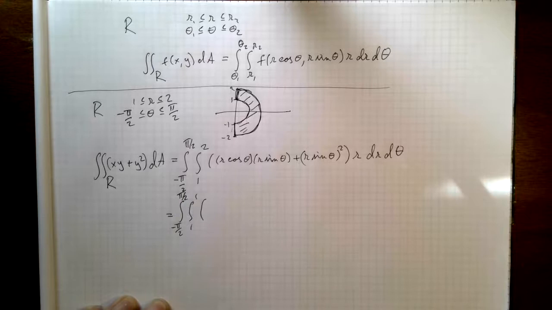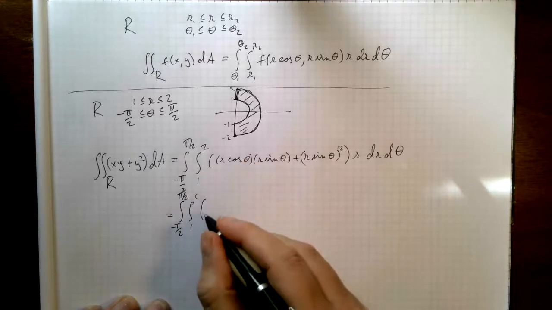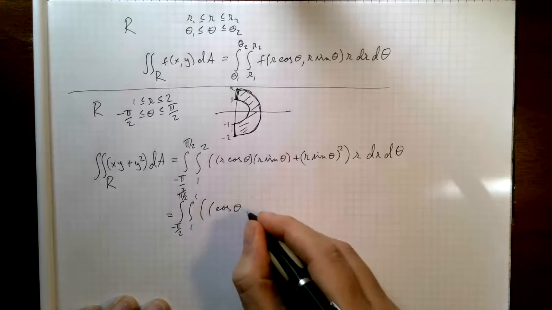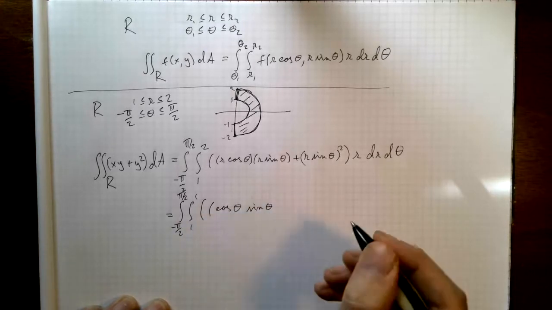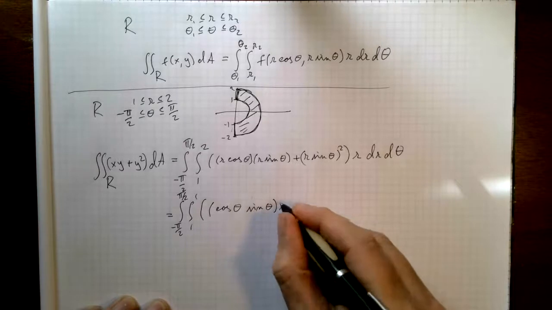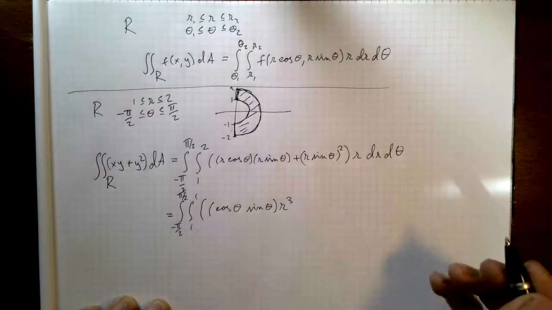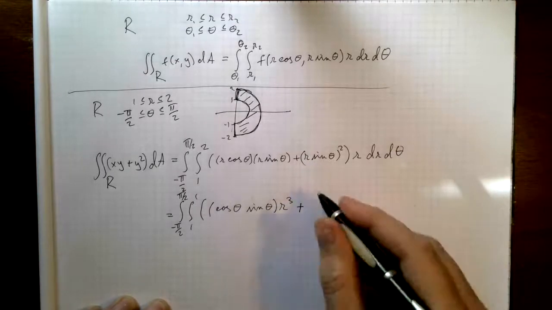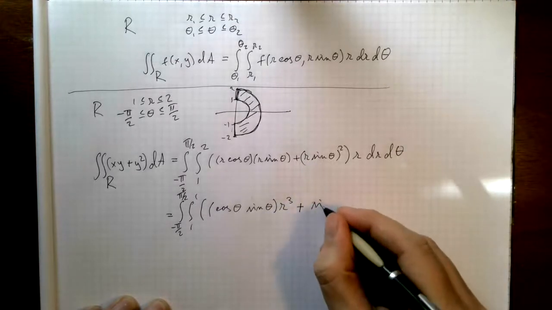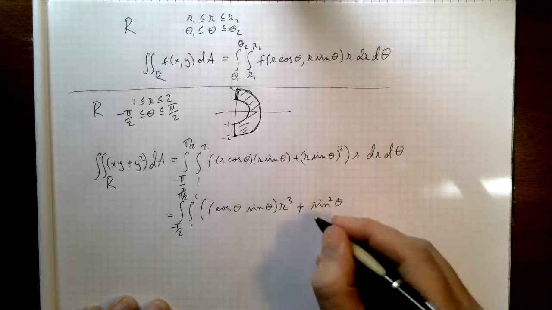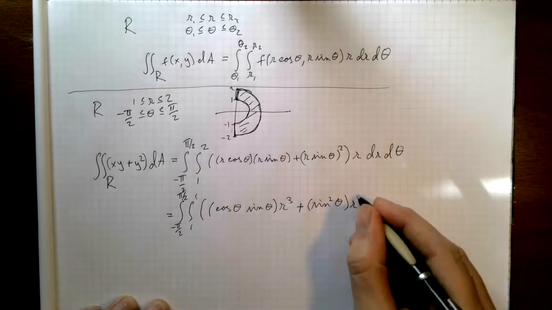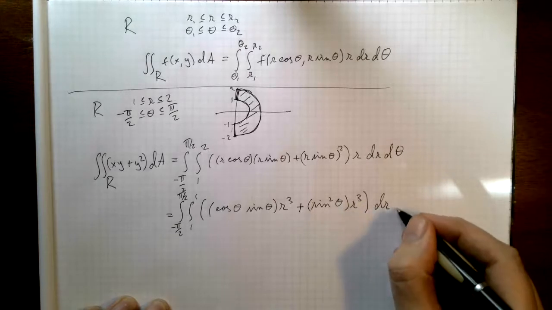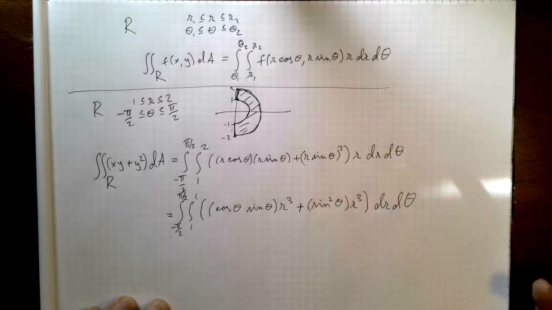So I have the first term, I'm going to write it as cosine theta sine theta times r cubed, plus, and then I have the same thing here: sine squared theta times r cubed, dr d theta.